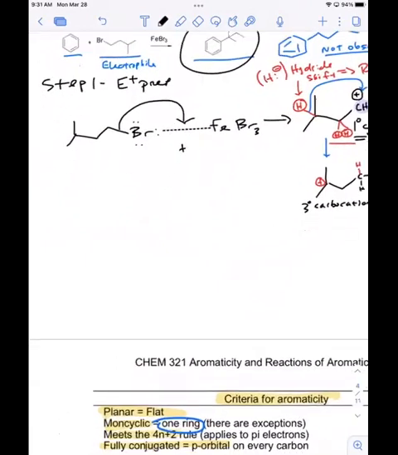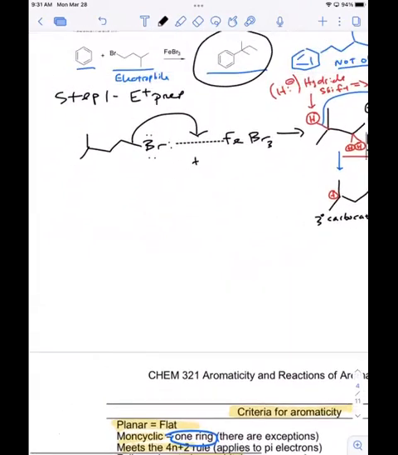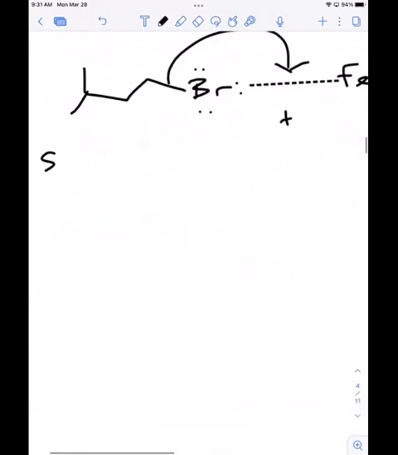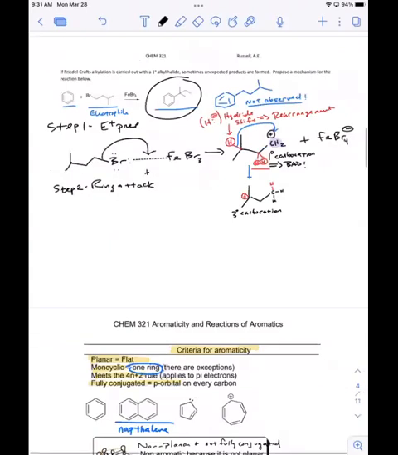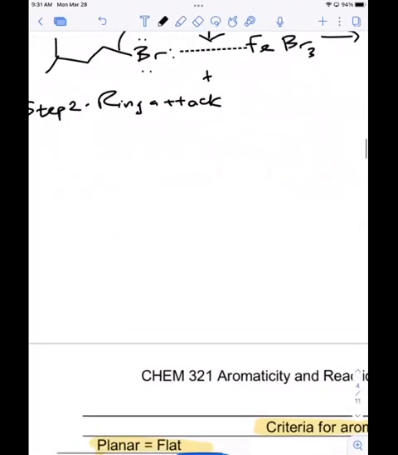So let's look at the next step. The next step is attack of the ring. It's attacking the ring on that carbocation.